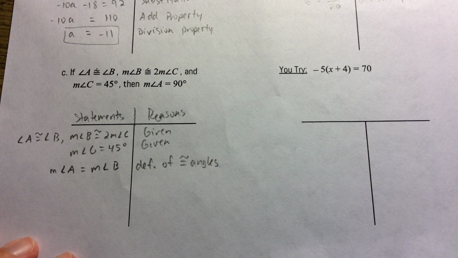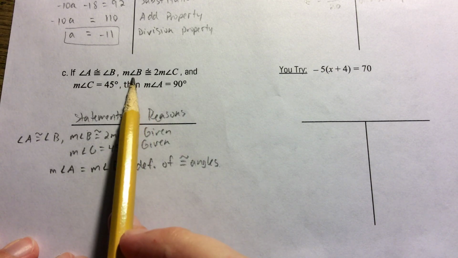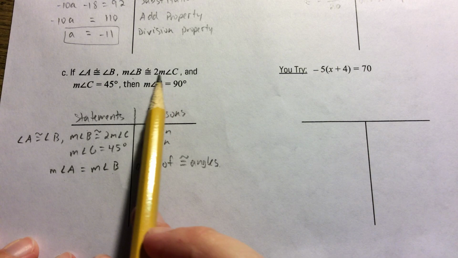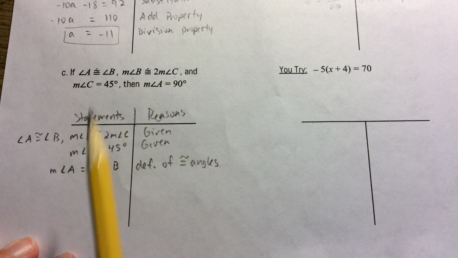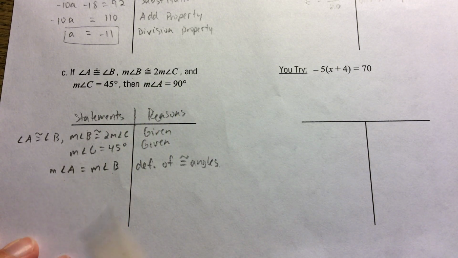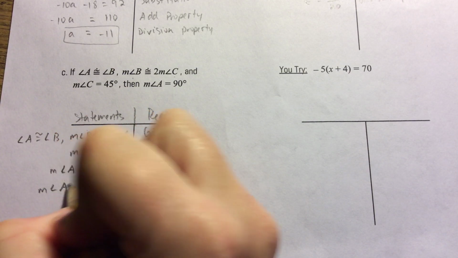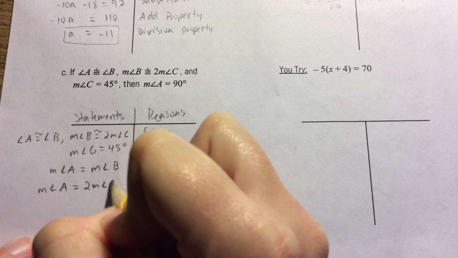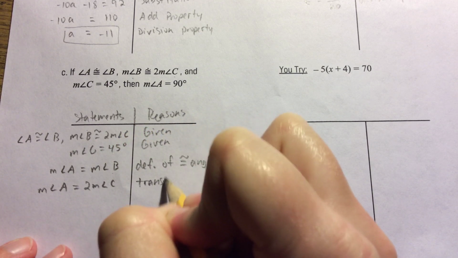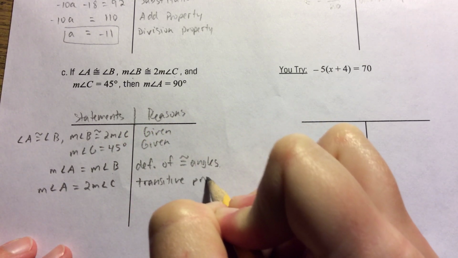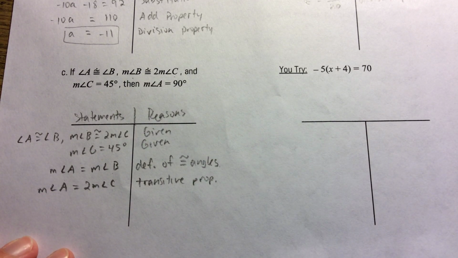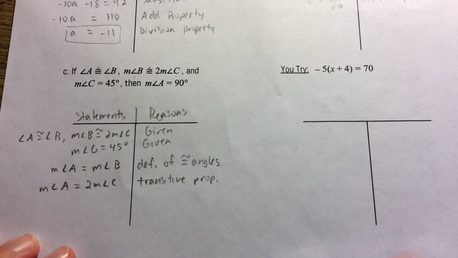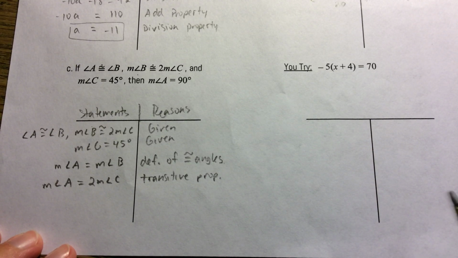Okay, so if measure of angle A is equal to measure of angle B, and measure of angle B equals 2 times the measure of angle C, I can say, using the transitive property, that the measure of angle A would also be equal to 2 times the measure of angle C. So now I can actually substitute things in here.